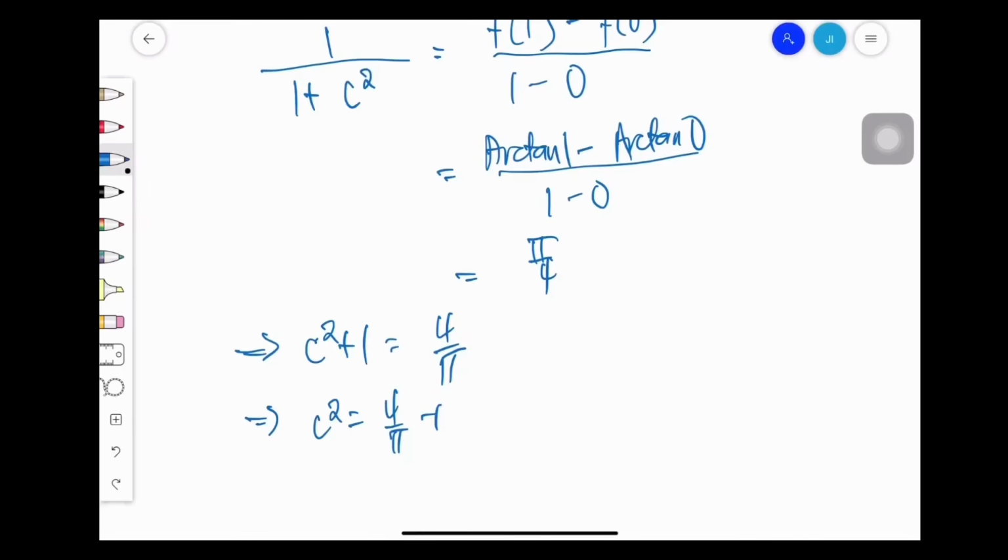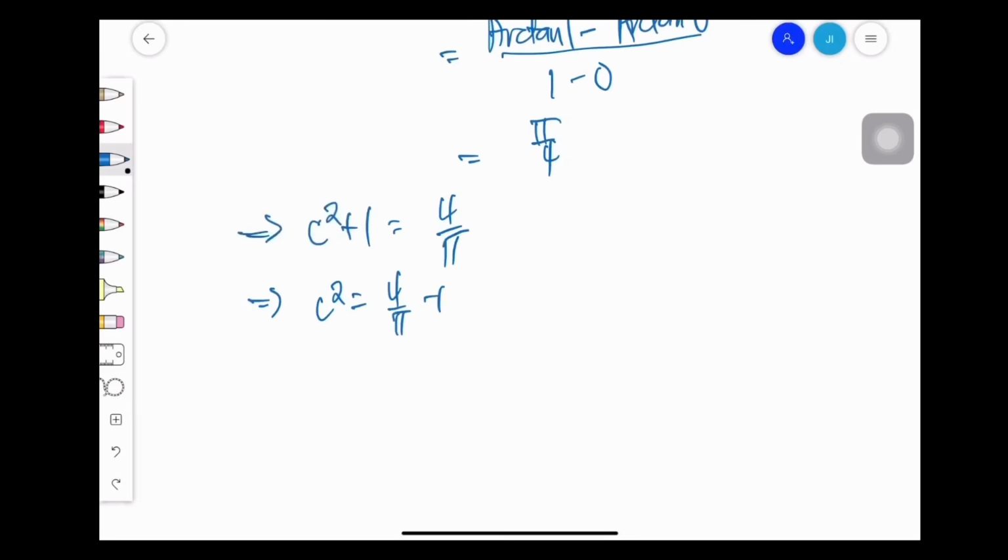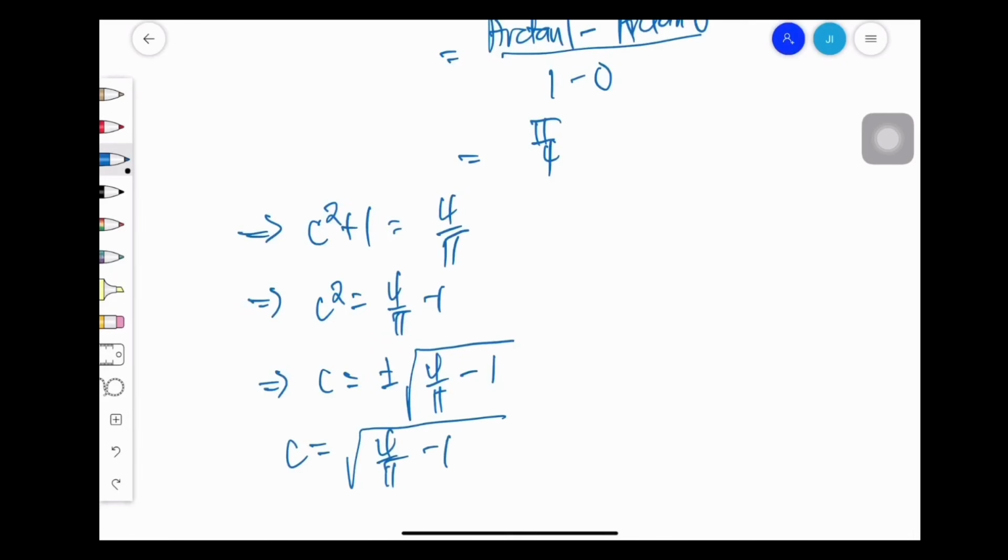And thus, c is equal to plus or minus square root of 4 over pi minus 1. But since we need to find c between 0 to 1, we can omit right away that negative number. Hence, we choose c equals square root of 4 over pi minus 1 as a legitimate candidate.